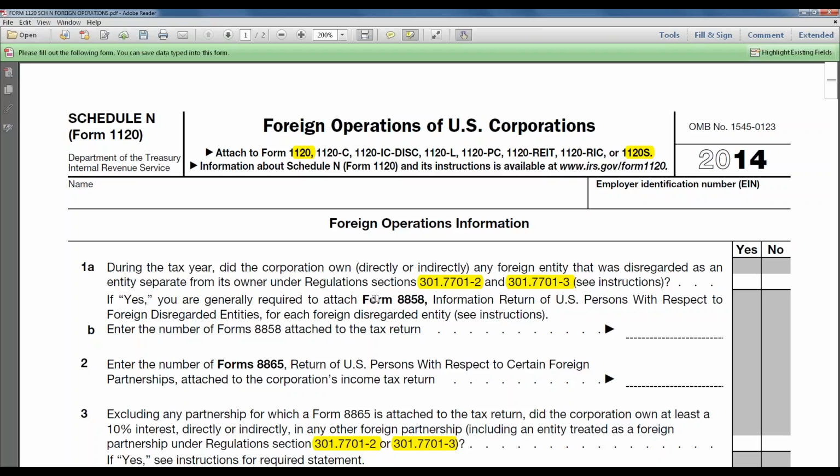Regulation 301.7701 talks about the other type of foreign entities, and there's a lot of them. There are foreign companies, foreign corporations in other nations. They quite often call them a company, not a corporation. There are foreign LLCs. There are foundations in Panama.